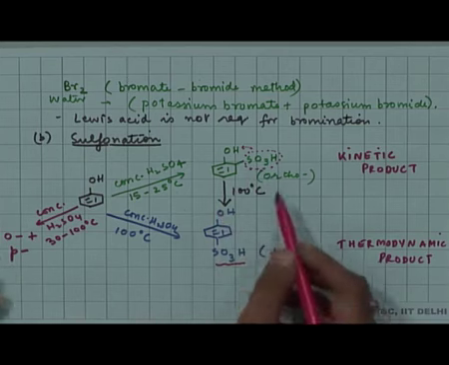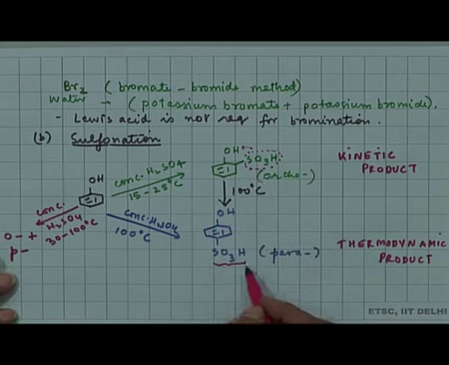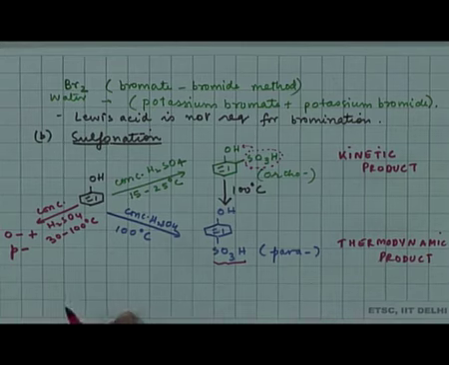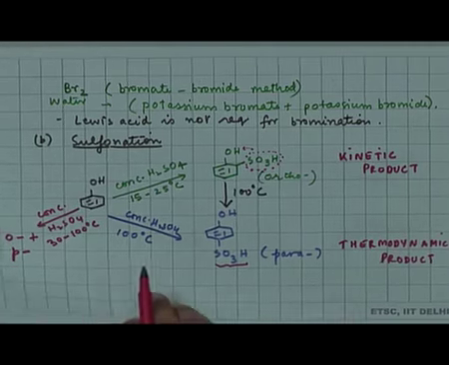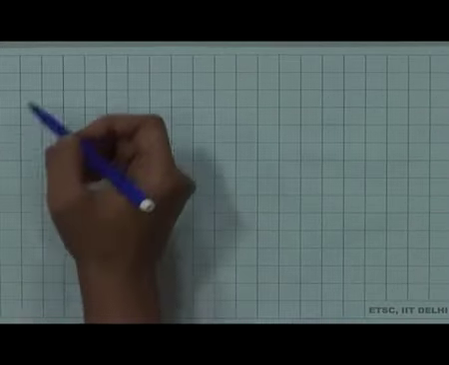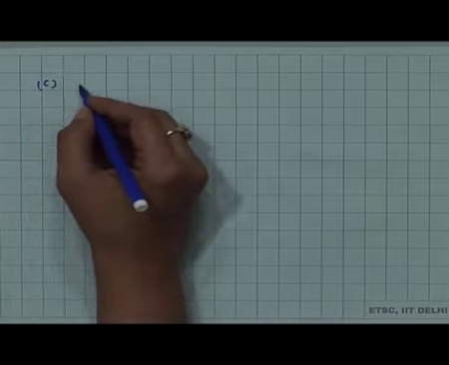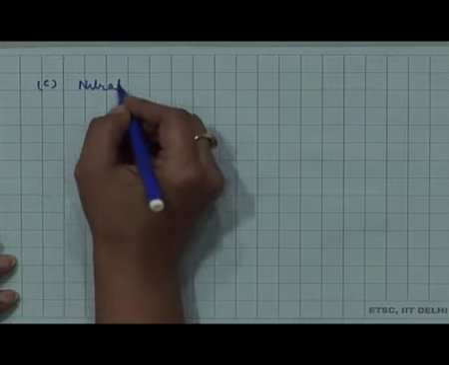It is a bulky group. So, that is why a para substituted product is thermodynamically favorable, and the ortho one forms as a kinetic product at low temperature. Okay, another reaction in this is the nitration reaction.